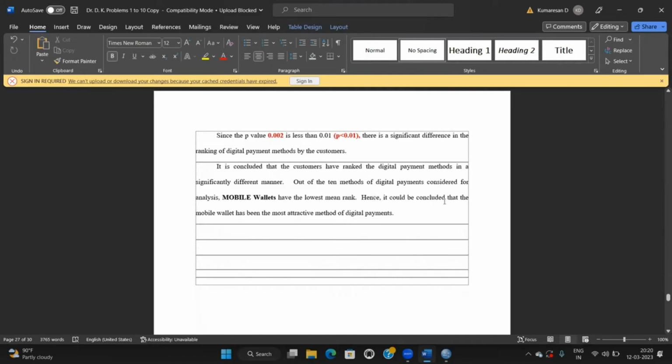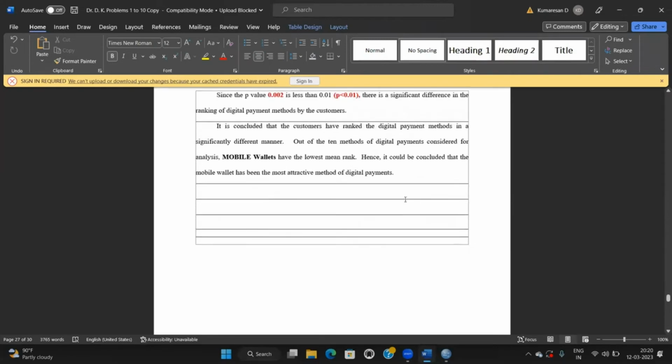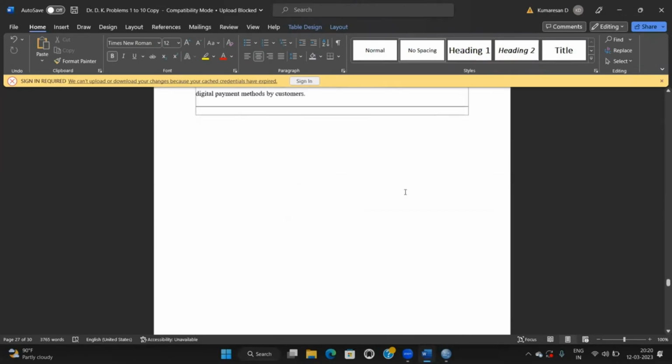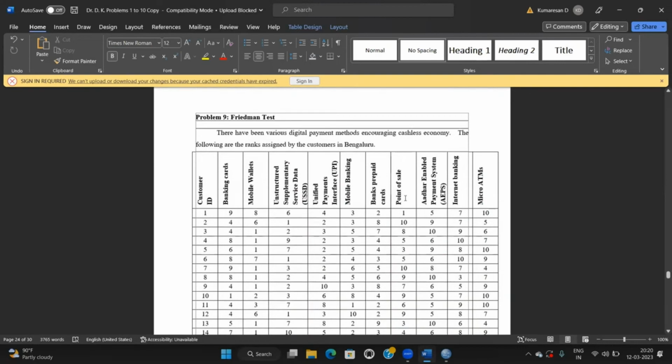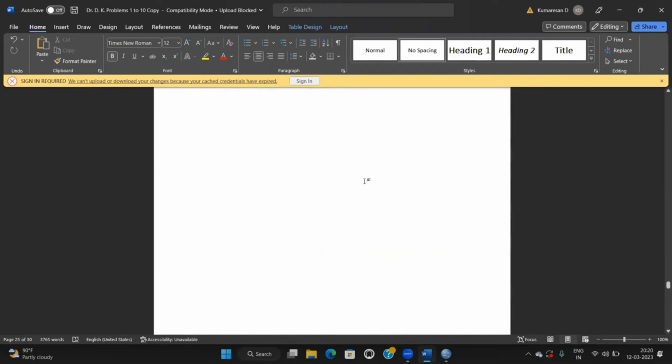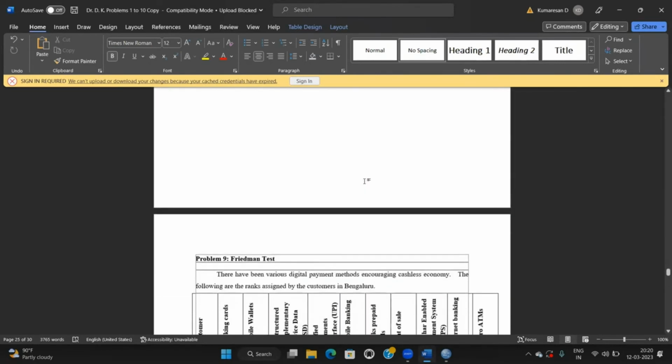So it's further concluded that mobile wallet has been the most preferred or most attractive method of digital payments. That's all. So this is about the Friedman test.